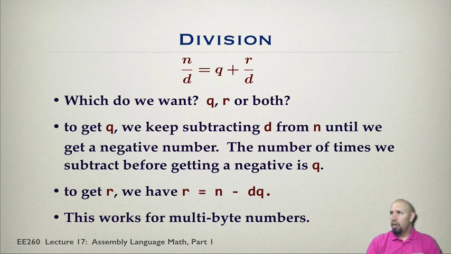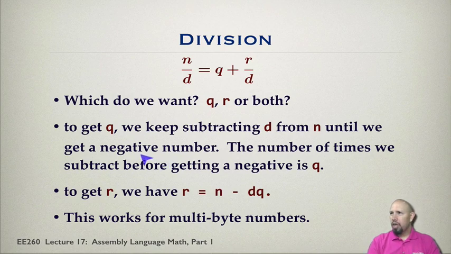Okay, so which one do you want? Generally speaking, Q is the quotient. The remainder is this quantity, or n mod d. So the modulus is what we get when we do R for unsigned numbers.